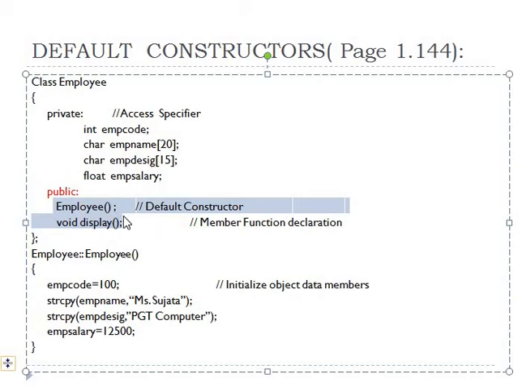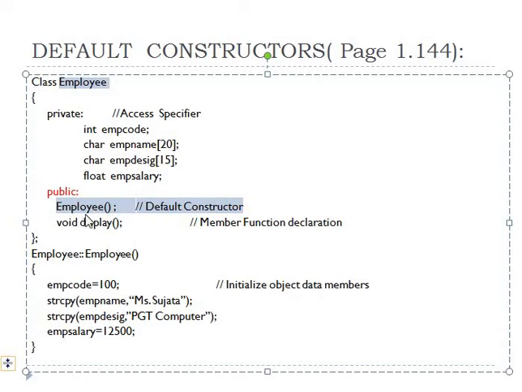Out of these two member functions, the member function employee is a default constructor because its name is identical to the name of the class, which is also employee. And then again, it consists of no parameters. This constructor doesn't contain any parameters, and as the rule states, when a constructor has no parameters, it has to be a default constructor.